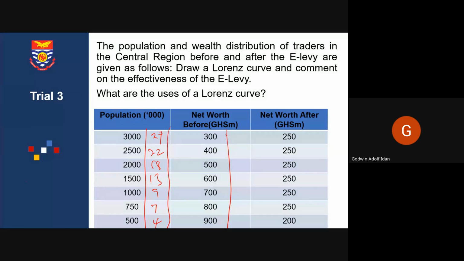Step number 2 says that we should convert the income or the worth also into percentages and we write them according to where the values are in terms of the population. So in this case, we follow the same approach. We find the total net worth before the e-levy. So we just add the 300, 400, 500 down to the 900. What is the total value?